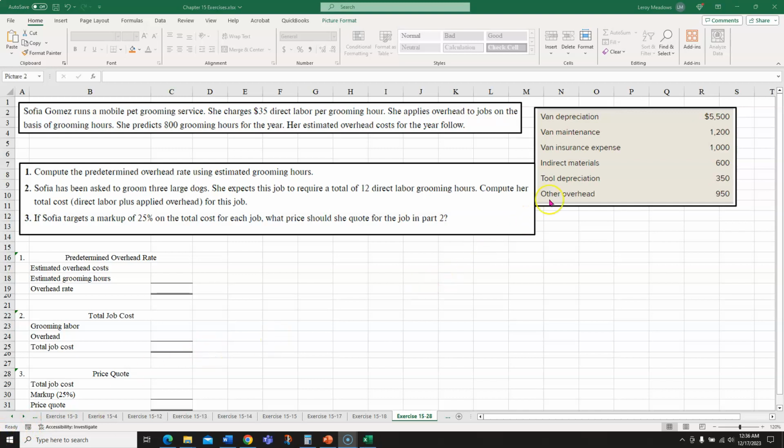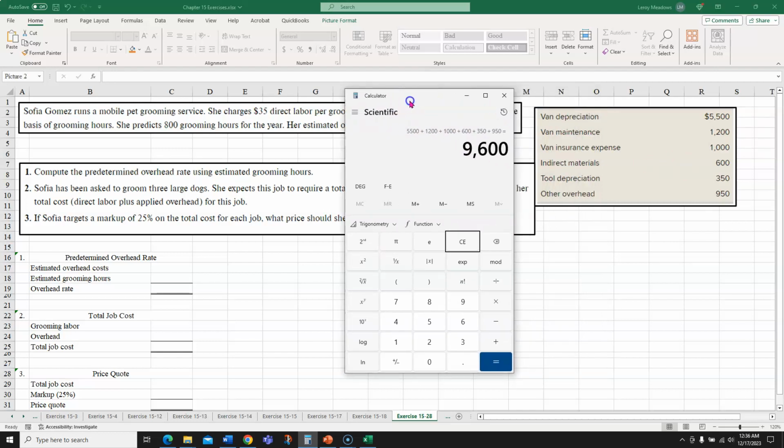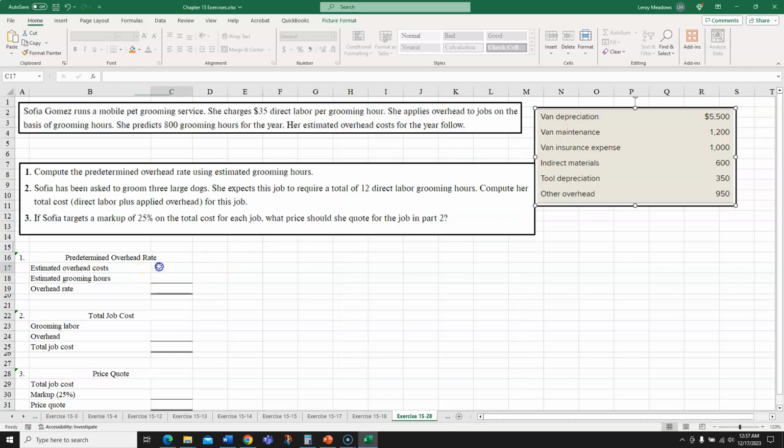Okay, so let's determine our overhead costs. So what are our estimated overhead costs? Well, we're given all that right here. So 5,500 plus the 1,200 plus 1,000 plus 600 plus 350 plus 950 gives me $9,600 of overhead costs. And we're told it's going to be allocated on the basis of direct labor hours.